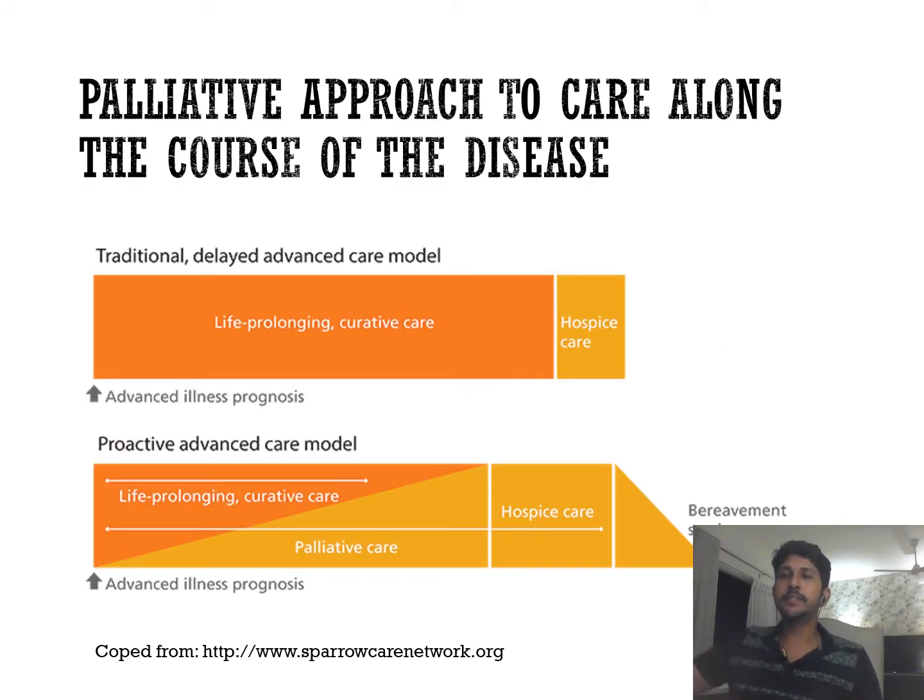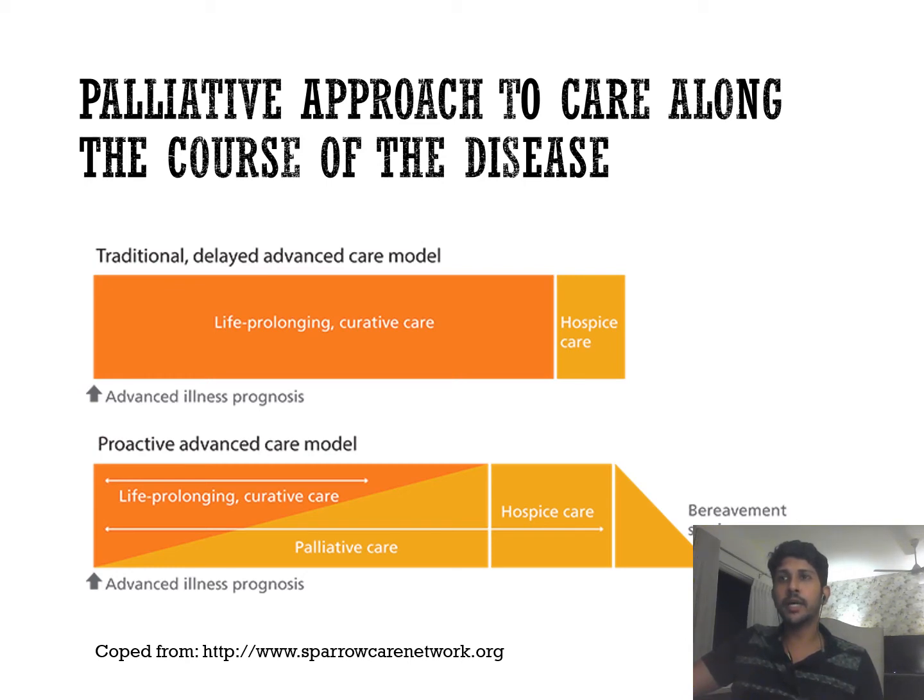And now, this is a very important slide. So, palliative approach to care along the course of diseases. There are two graphs. The first one shows the traditional understanding of palliative care, and the second model shows what the proactive advanced care model for the delivery of palliative care is like.